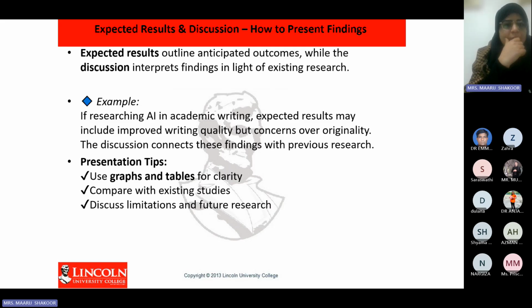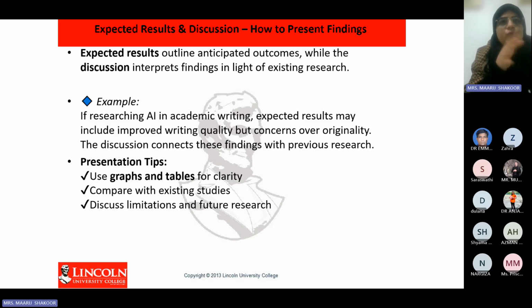Okay, expected results and discussion, yes. This will help you outline anticipated outcomes, like I can guess what will be the end of your proposed study, while the discussion interprets findings in light of existing research.